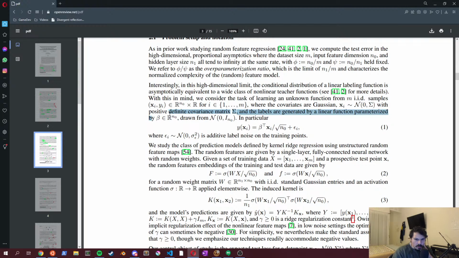They mean like the ground truth labels? That seems to be a huge restriction to the types of problems they're working on, which might be the case for this paper anyway. But in general, if the function was linear, then you wouldn't really need a neural net. But anyway, they're going to say that y is equal to beta.x with some normalization plus some noise.